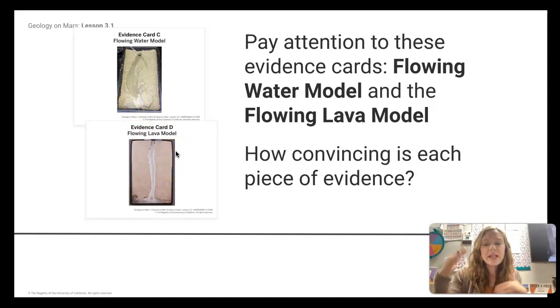So when we're putting these on our evidence gradient, we have to also think about which claim we're trying to put our evidence with. So if we think that claim number 2, that it was flowing lava, then we're going to say that this is a pretty convincing piece of evidence. But if we think it's claim 1, that it was flowing water, then evidence card C is going to be a little bit more of a convincing piece of evidence.